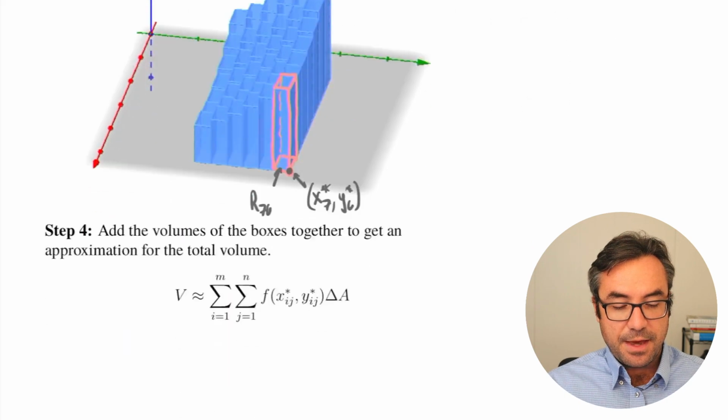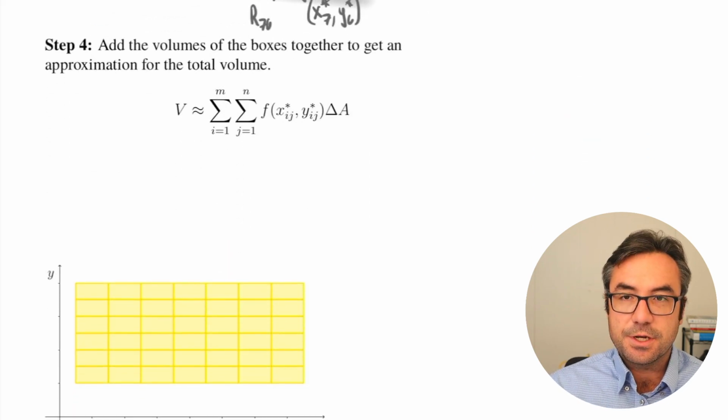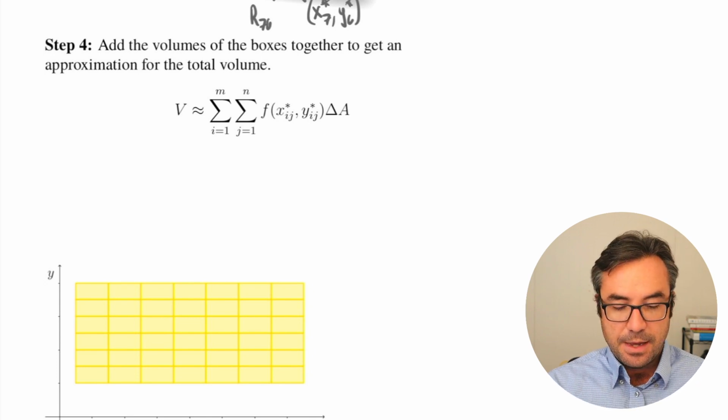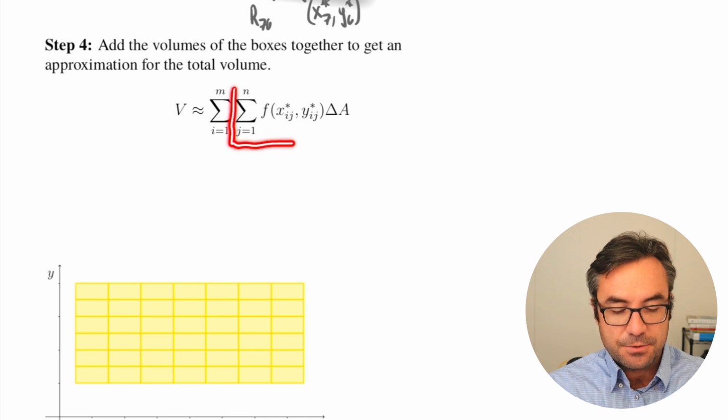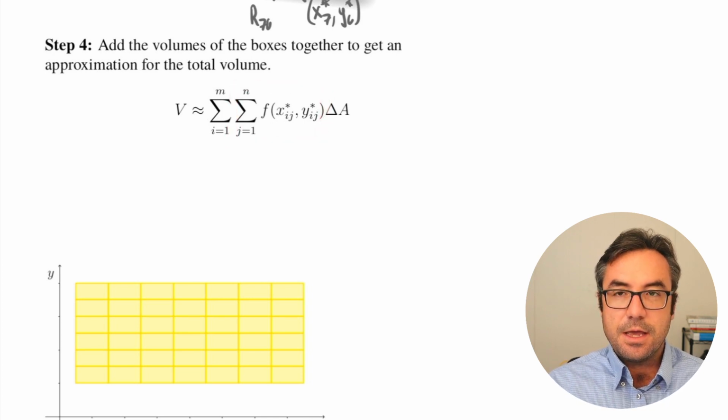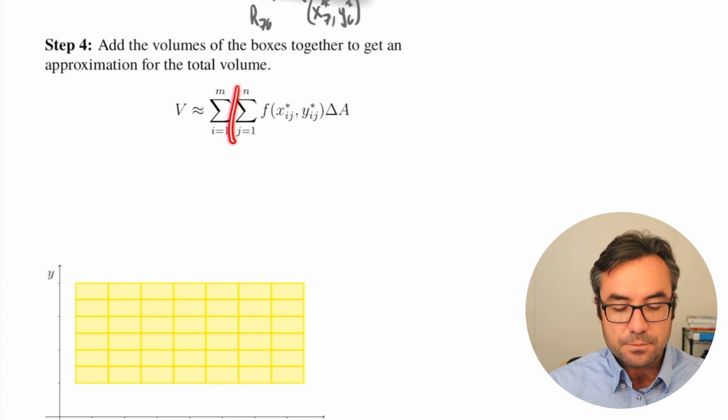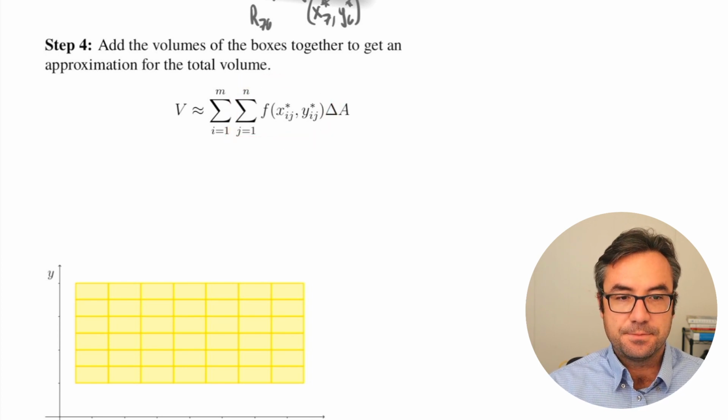And then once we have that, the idea is we're just going to add up all of those three-dimensional rectangular boxes. And the way we do this is we can add them up in the y direction first.